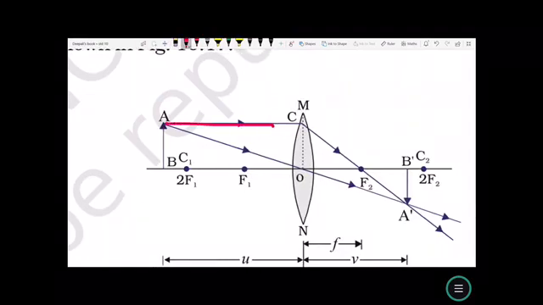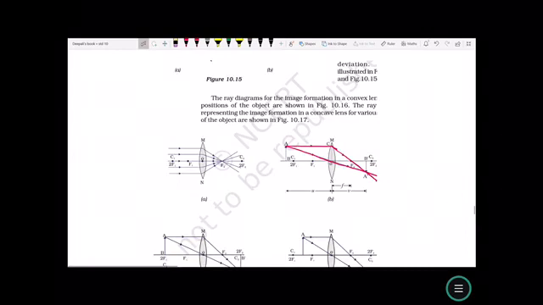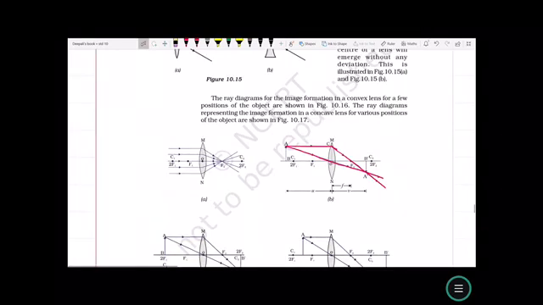When you take the incident ray and one ray passing through the optical center, you will see that they meet at a position between f2 and 2f2 on the other side of the lens. So it is real, inverted, between f2 and 2f2, and smaller than the object.